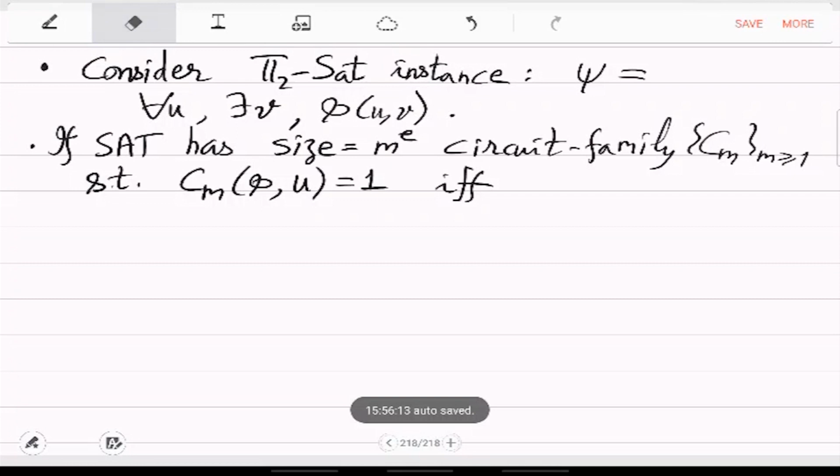Okay, so u is given and phi is given, and the question is whether v exists or not. Okay, that is a SAT instance.